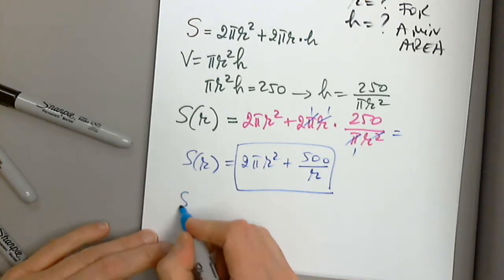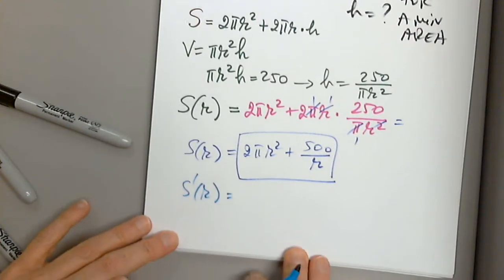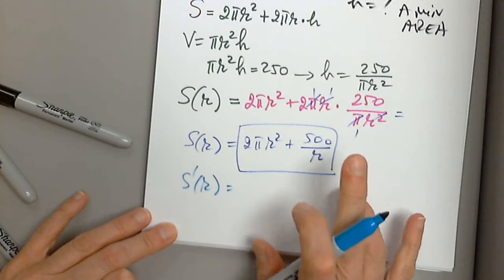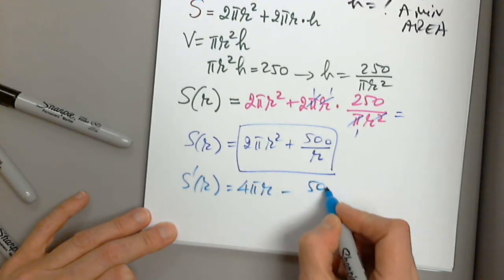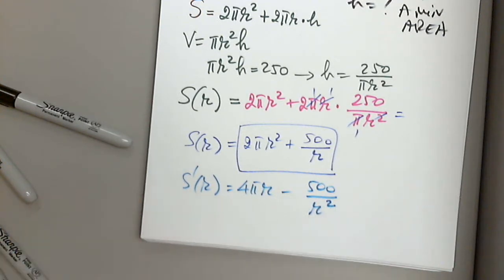So S prime. See how useful that formula is that I just mentioned to you. So this is 4 pi r minus 500 over r squared. You don't have to mess around with changing this into r to negative 1, because we already know that the derivative of 1 over r would be negative 1 over r squared. Is it squared or negative 1 over r?